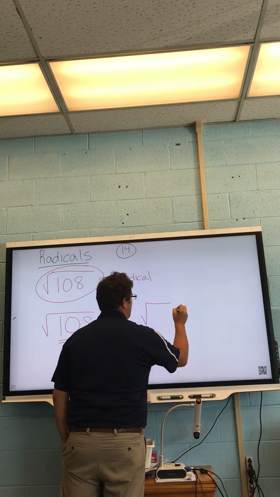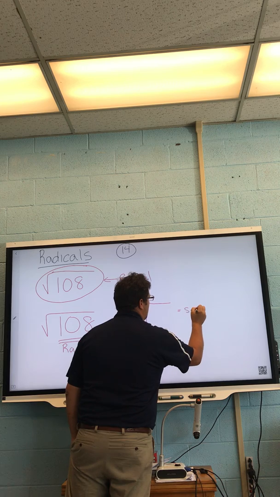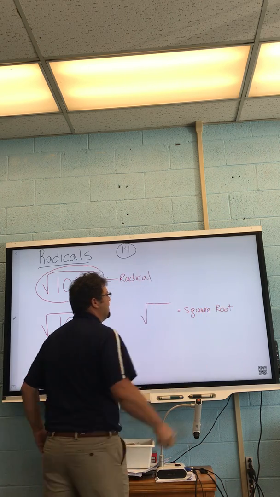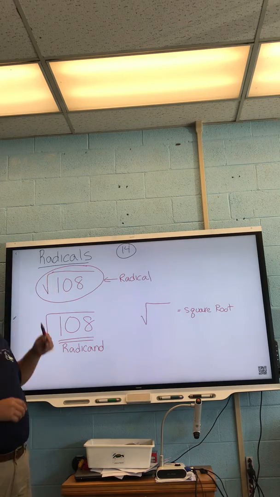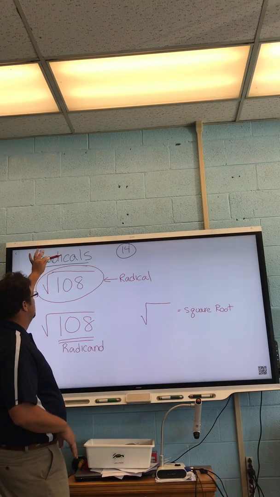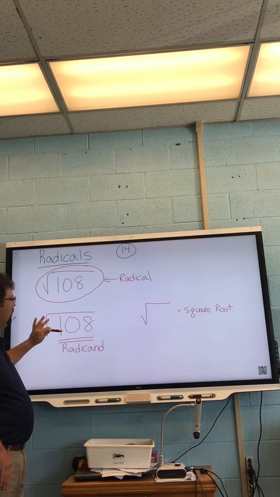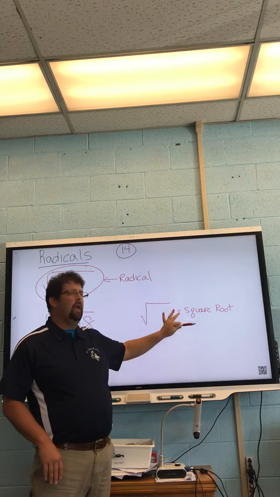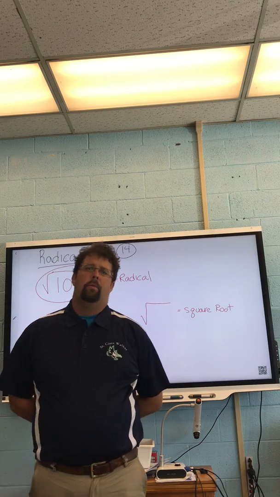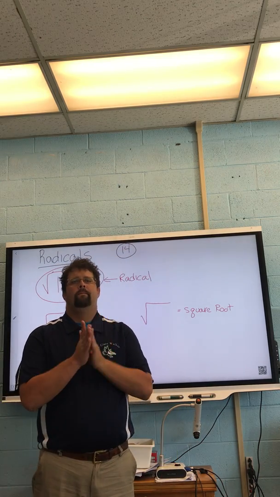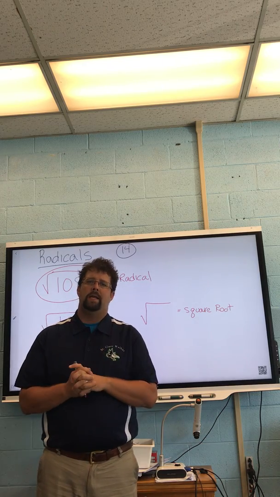The check mark is a square root. Okay, so this time on page 14, I want you to write radicals, and write what a radical is, what a radicand is, and remind yourself what a square root is. Okay? So go ahead and write that down.